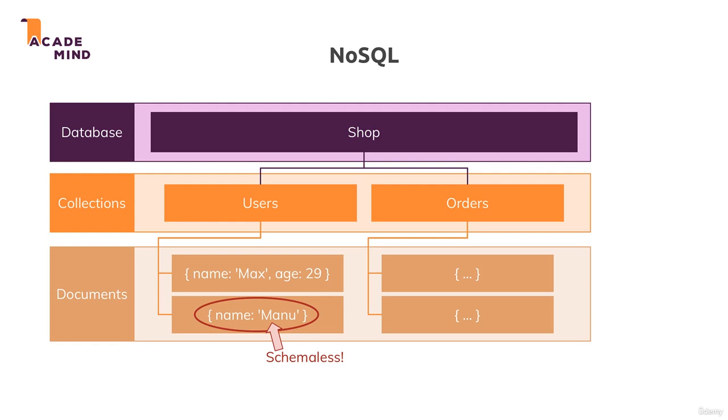Now, often you of course still try to have a similar structure, but it's also not uncommon for some applications that you don't always have exactly the same fields available for the data you're storing in the database. And that is okay in NoSQL. You can definitely store documents which are generally equal, but where some fields might differ.